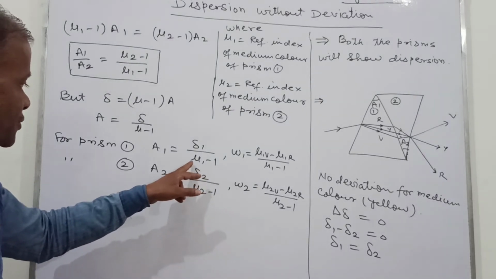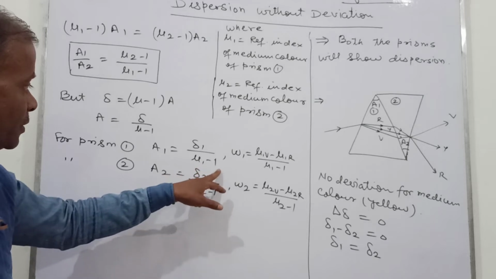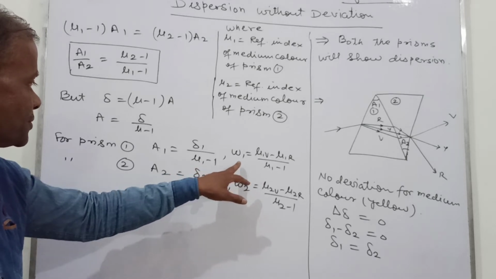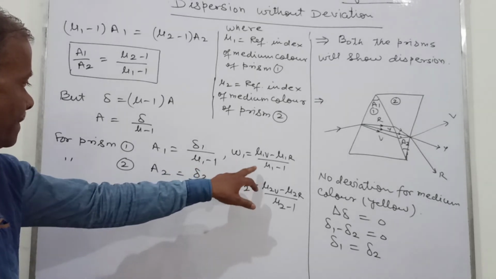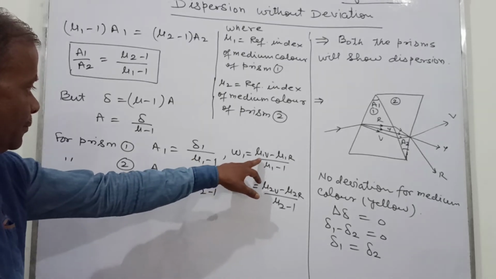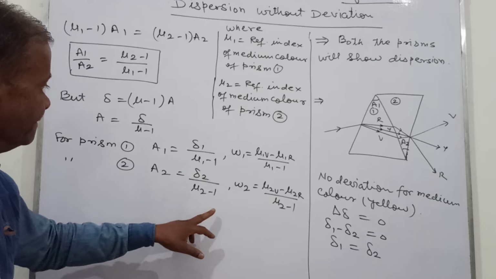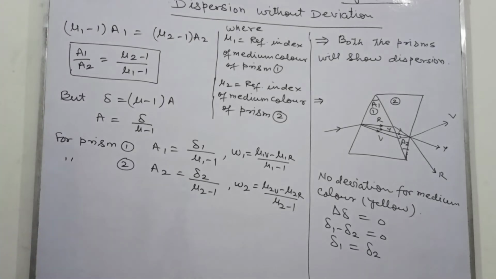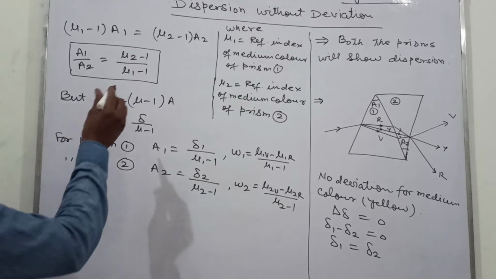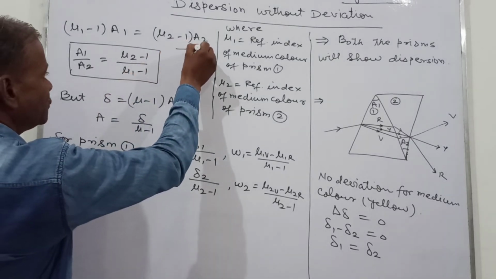In place of omega 1 minus 1, we can write mu b minus mu r upon 1. So we can have the relation, this is now suppose relation number 1.